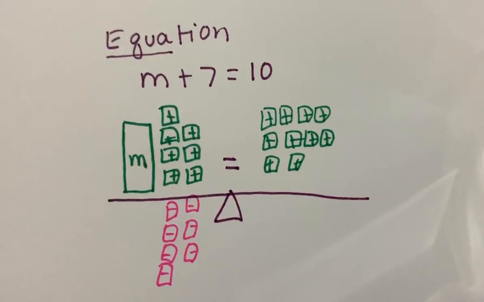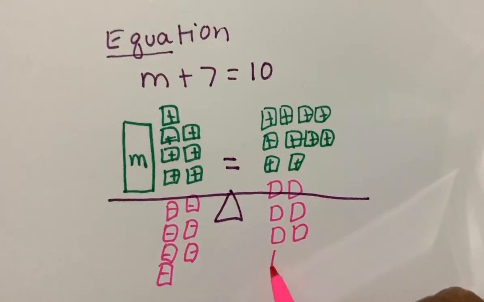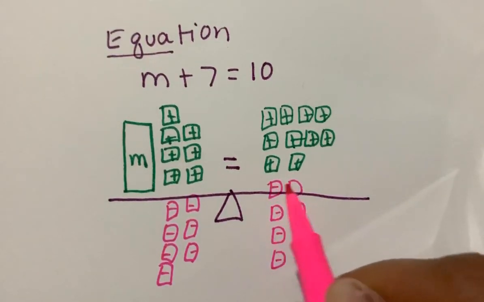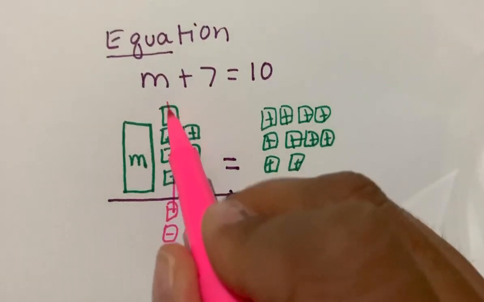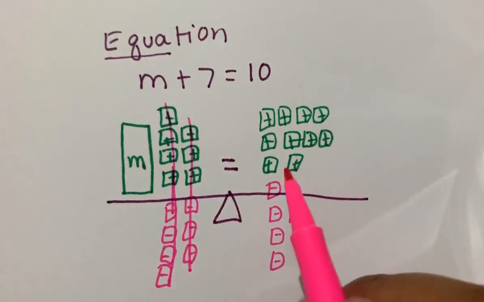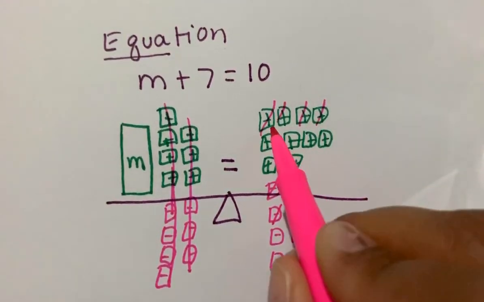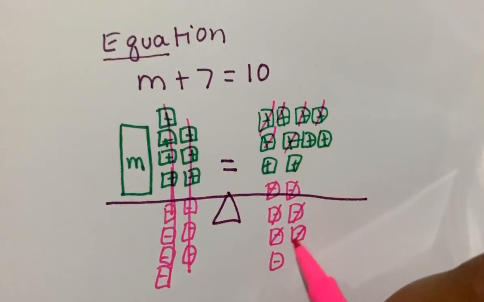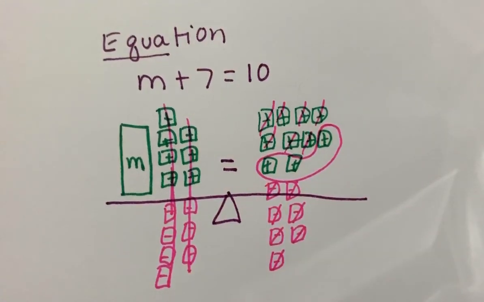But now I've unbalanced the beam, so I have to do the same thing on the other side. And the reason why we're using negatives, remember that a positive and a negative cancel each other out and equal 0. So all of these are going to cancel out. And so here, when I cancel out my 7 0 pairs, you will see that I am left with 3, which is what your answer should be.